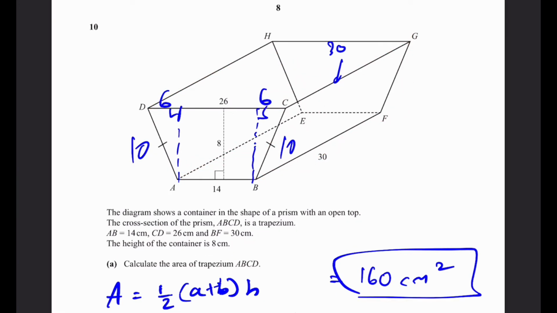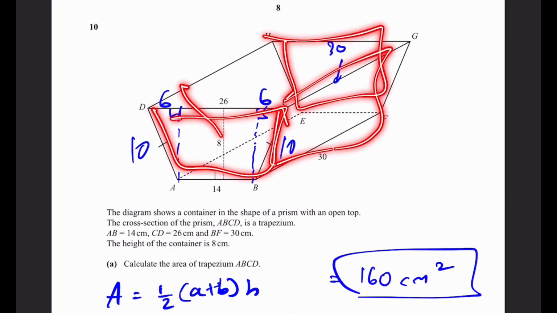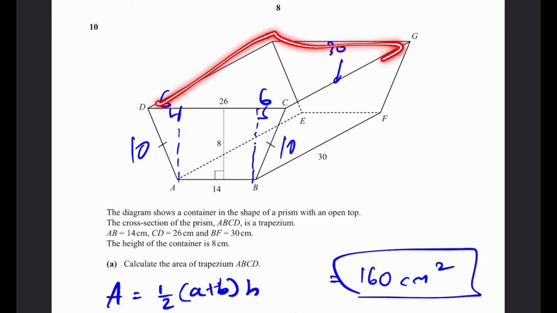Now we need to find the area of this lower surface, which is ABFE. Why are we not finding the area of the upper rectangle? That's because it says that the prism is an open top, and therefore this does not actually exist. It's just the shape formed by the other shapes which are lining it. This shape is just left open.